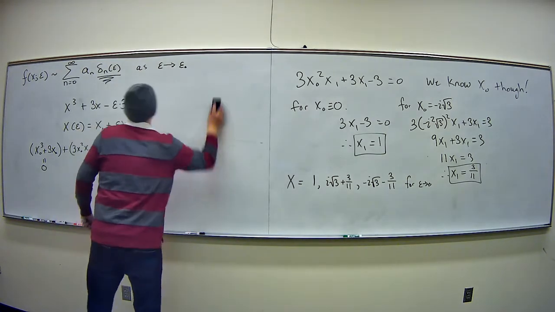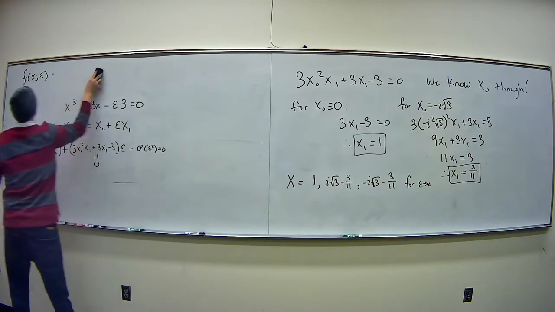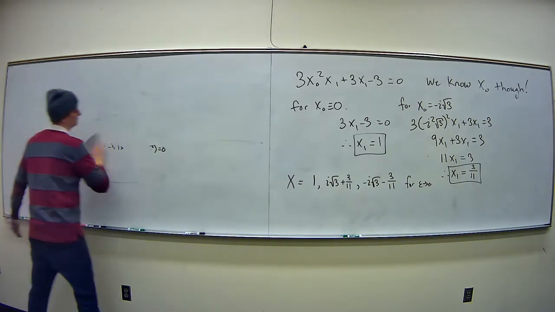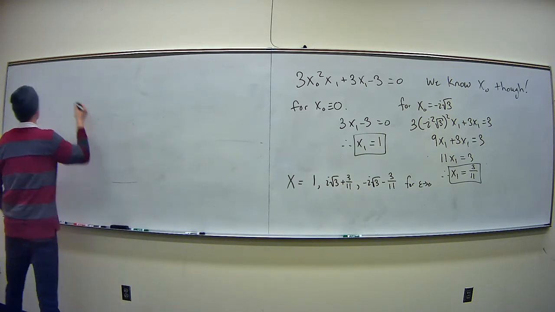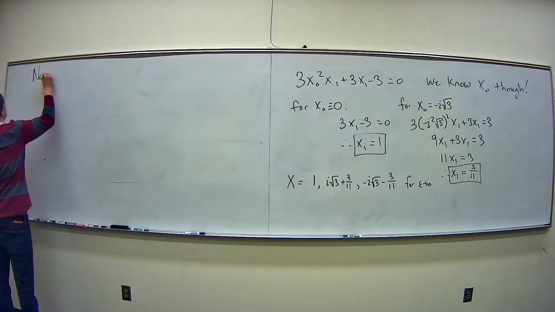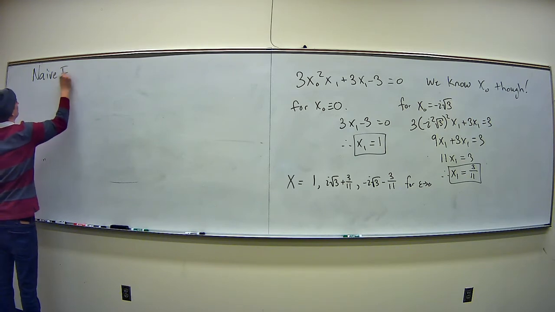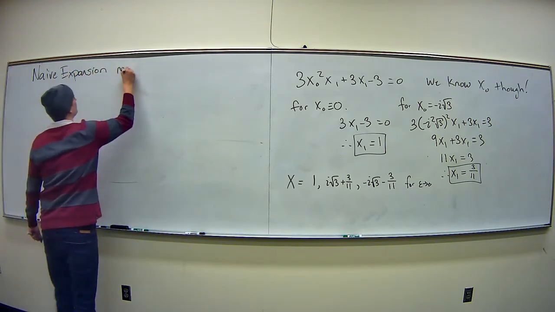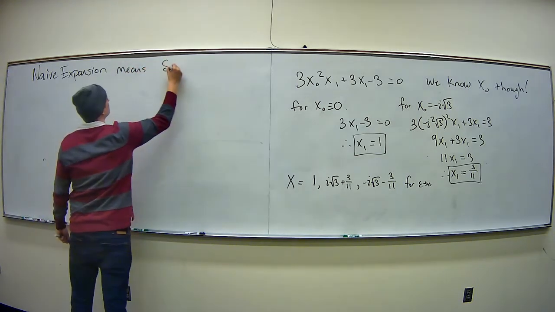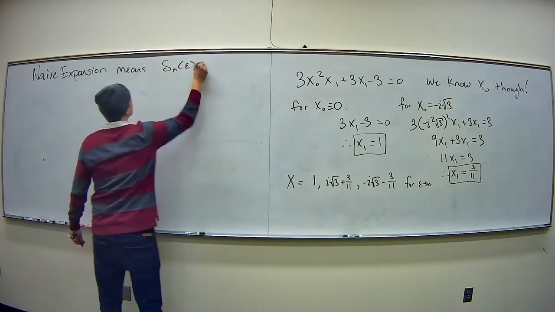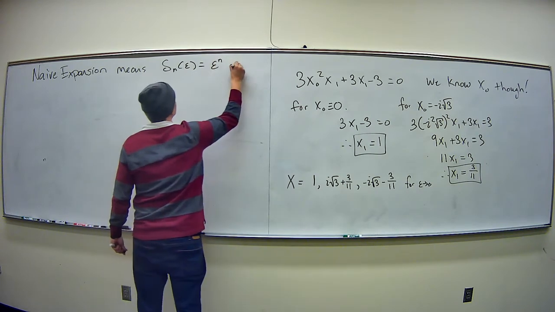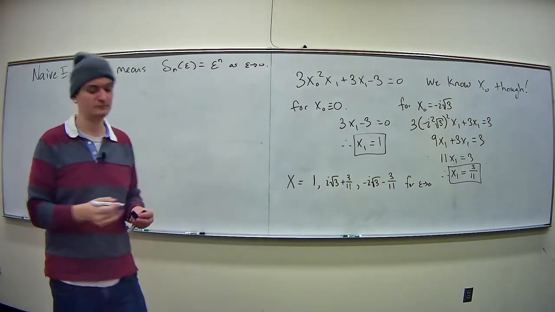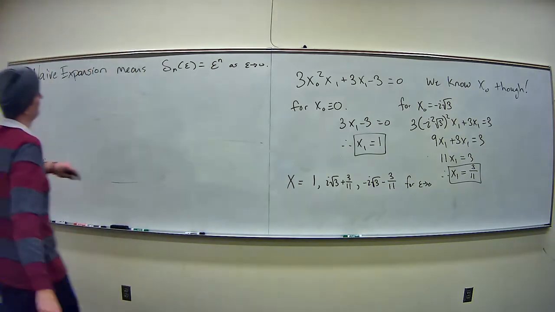Well, what's the method? The method is you pose it as a series, you set some gauge functions. The naive expansion. No terminology, right? We say a naive expansion, that's what it's saying. Because not always is this the case.